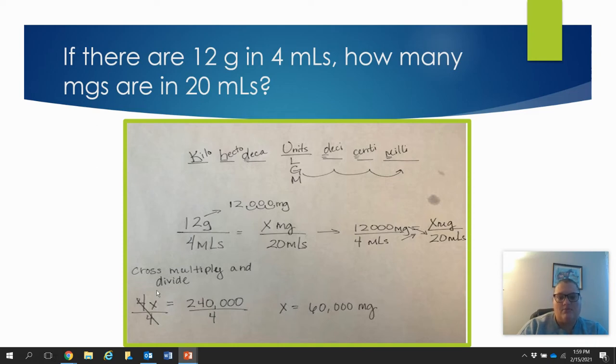Then we need to solve for X. We need to get X by itself. So we take 4X and divide by 4. If we do it over here, we have to do it over here. We divide that out, and we get X equals 60,000 milligrams. So that is how you do that one.